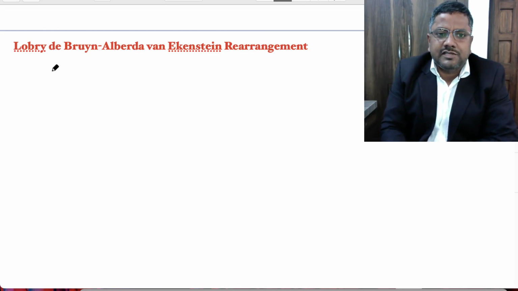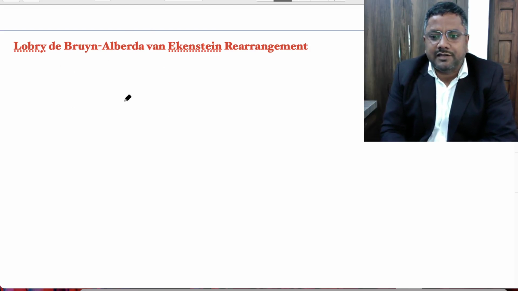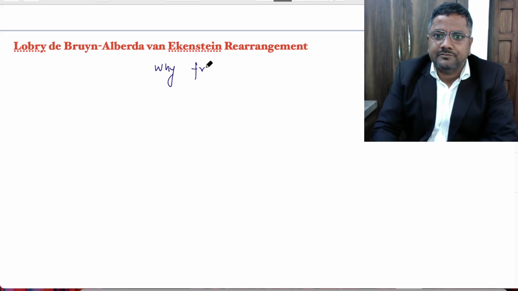So fructose is a reducing sugar. This you can explain on the basis of this rearrangement. If you know this rearrangement, then you can very easily justify why. So this is a good reaction to justify why fructose is reducing.